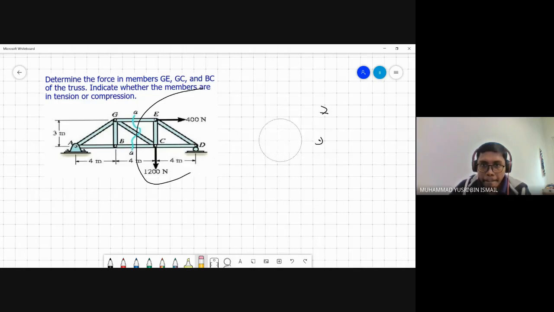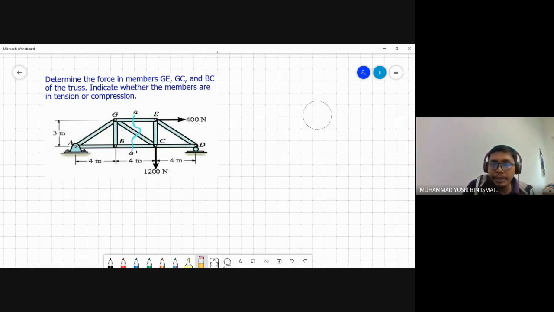Now based on the example, you need to calculate the force in members GE, GC, and BC.